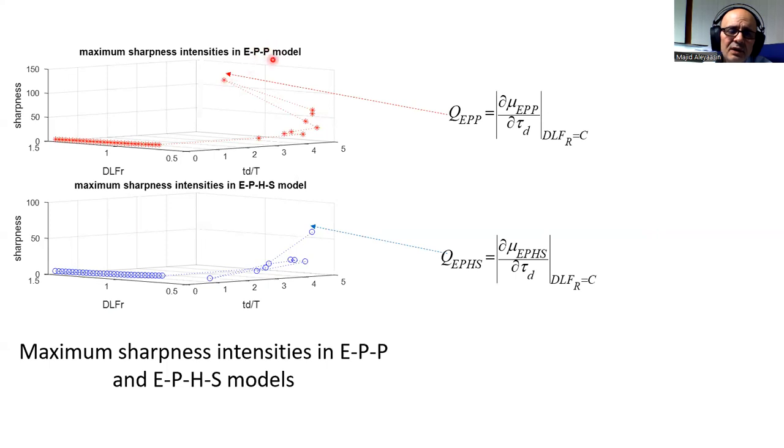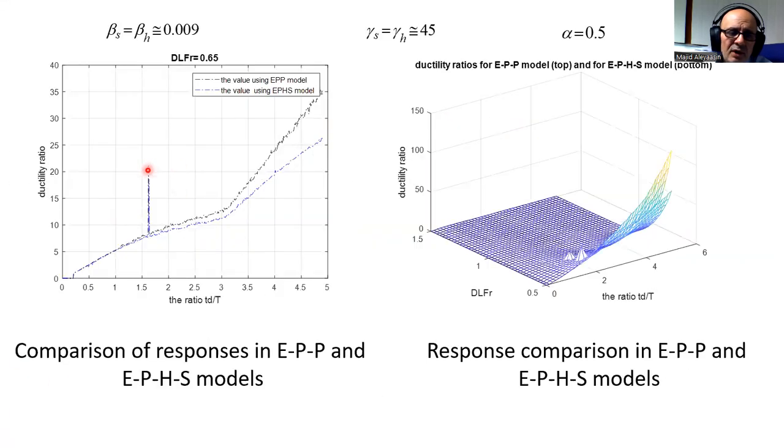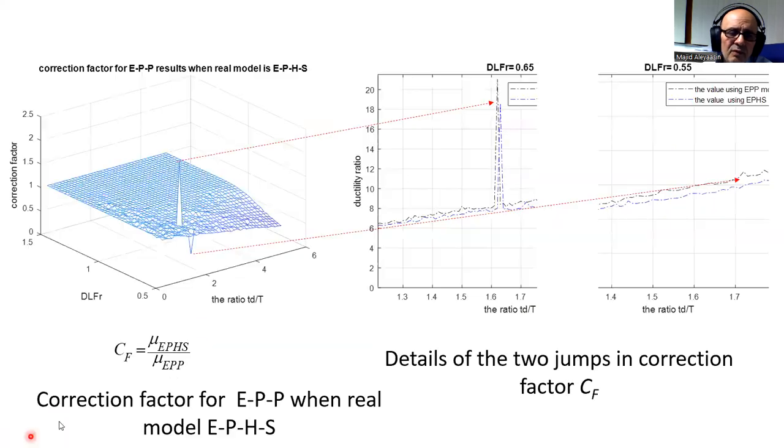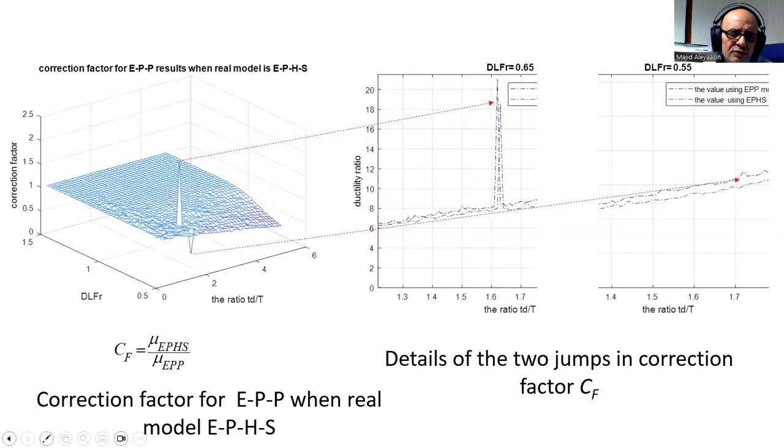This is explaining this part or this point. And for this point, the sharpness is measured here. So I excluded all the other sharpnesses. So I have two conclusions to make here.